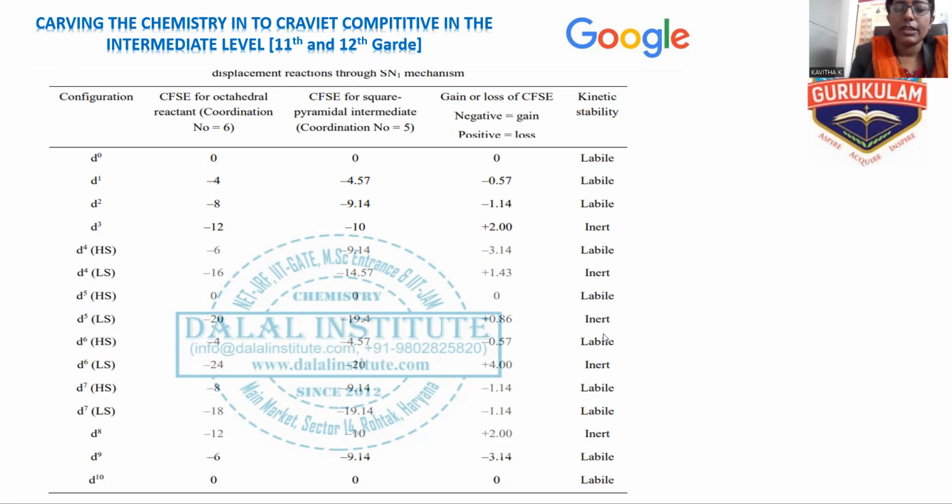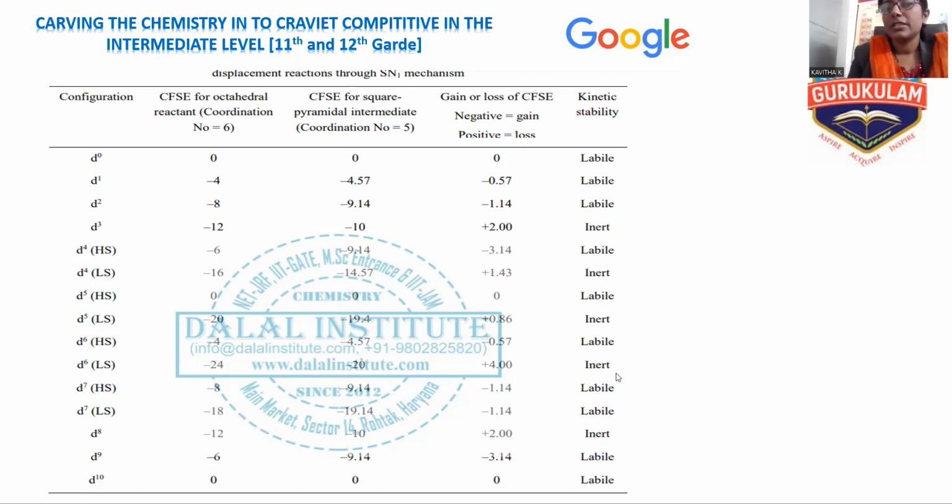This is also saying the compound is labile, which is nothing but highly flexible, can be treated with any reagent and is reactive in nature, right? And in the entire table, high spin or low spin purely depends upon the strength of the ligand.